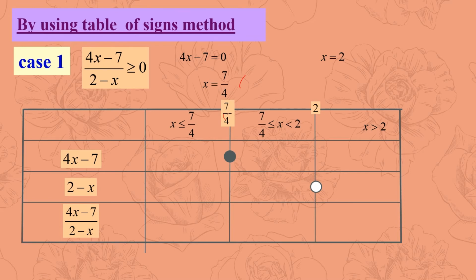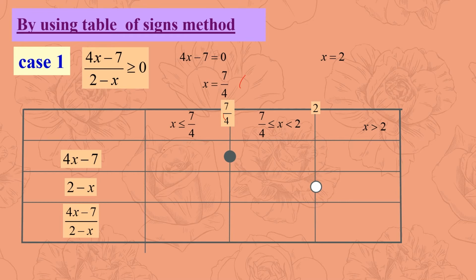So 7 over 4 here is our borderline. Let's say we take any number greater than 7 over 4, for example 2. When we substitute, 2 times 4 gives us 8, 8 minus 7 gives us 1, which is positive. So we can straight away put positive and positive over here.